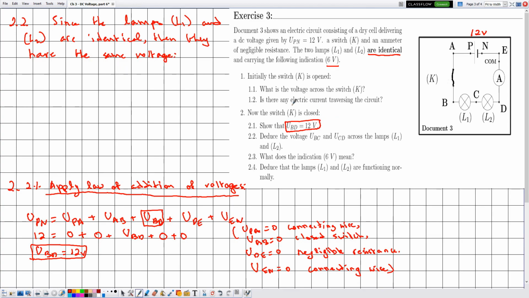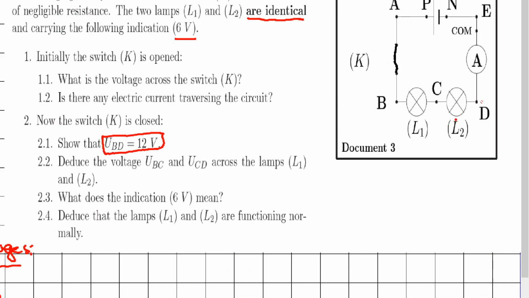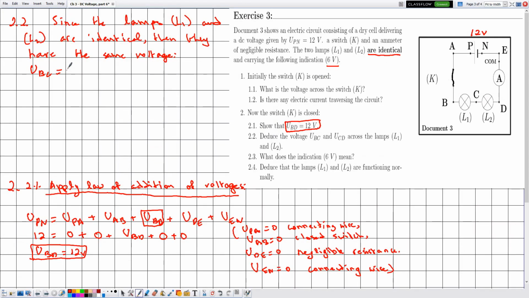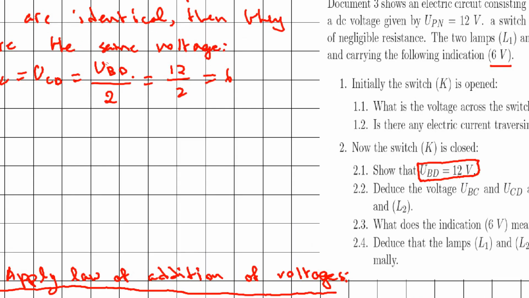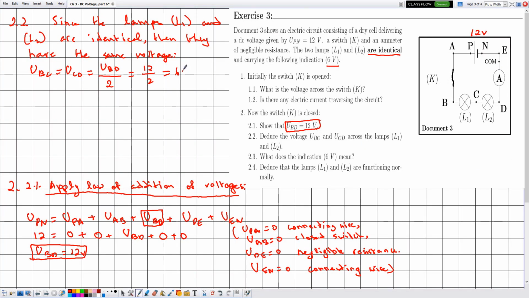So the voltage across the lamp L1 is given by UBC, and the voltage across the lamp L2 is given by UCD, and this is equal to the voltage across both lamps, which is given by UBD, divided by the number of lamps, which is equal to 2. So 12 divided by 2 will give us 6. Since UBD is in volts, the values of UBC and UCD will be in volts. So UBC is equal to 6 volts and UCD is equal to 6 volts.